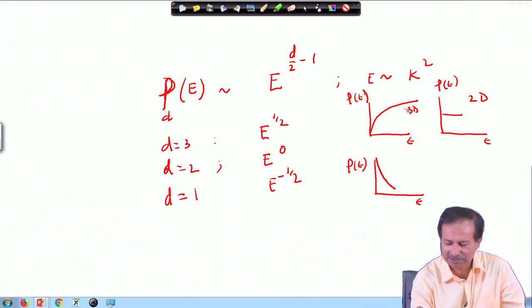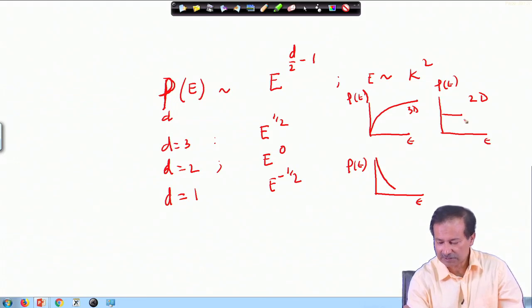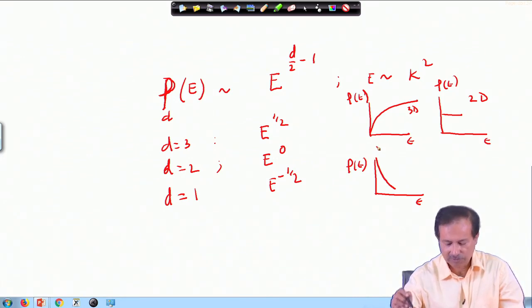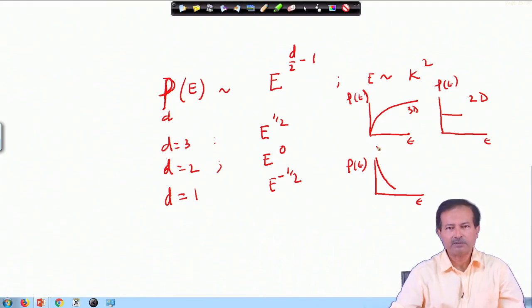As you go up in energy, it becomes nearly constant. 2 dimensions is just constant, nothing happens here, but 1 dimension has this 1 over E to the power half dependence, which causes important effects that we will discuss at some point in the future.